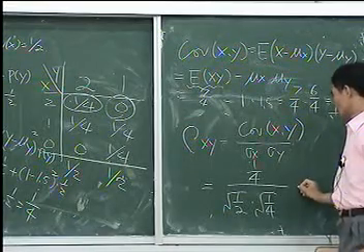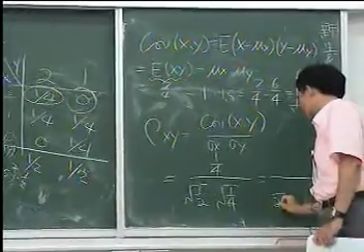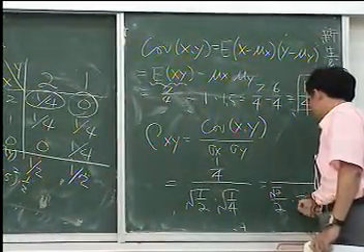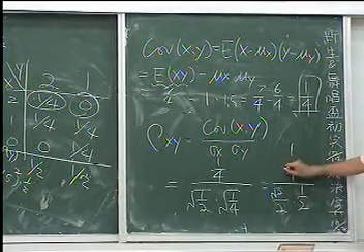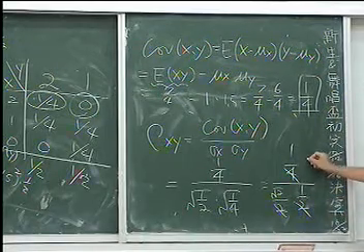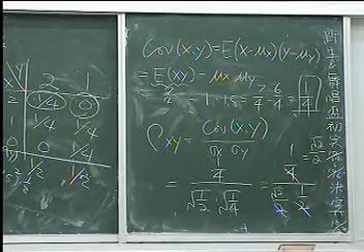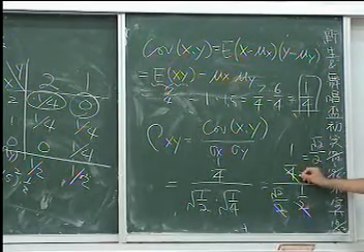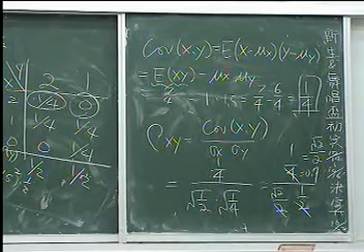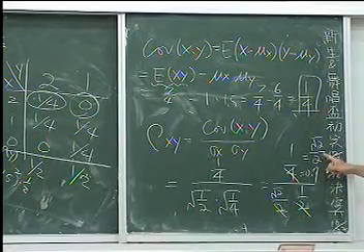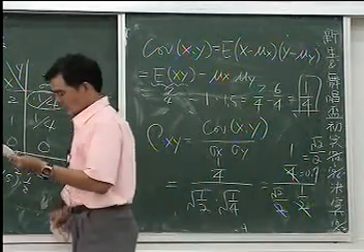This can cancel out, so that is equal to square root of 2 over 2, about 0.7. So what does that mean? They are very closely related. Any questions?